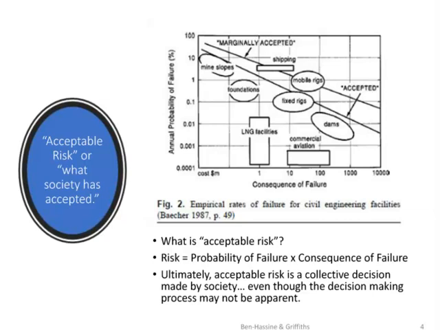And you could see that if the consequence is going to be threatening lives, then the probability of failure would have to be a lot lower. So the important thing to remember from this slide is that consequence of failure and how society views it is different in different regions of the world.